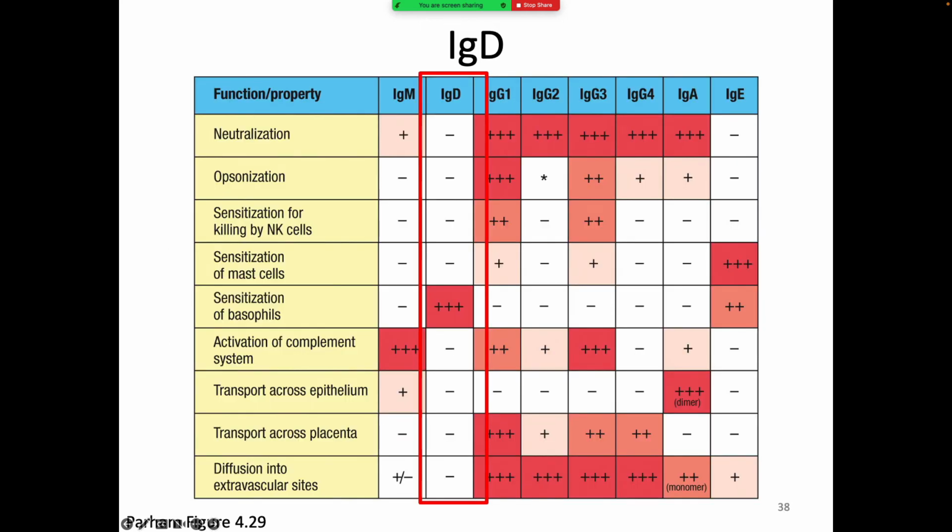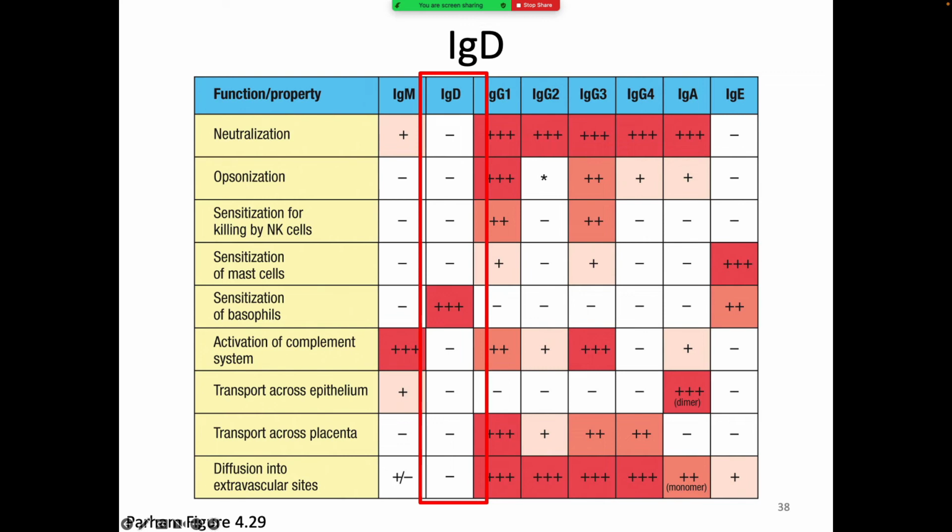People have done some additional studies of IgD, and they have found one function for IgD. I have no textbook pictures of this function or anything like that. I just have to tell you about this one function. So the one function of IgD that we now think about is shown here, and it is the activation of basophils.